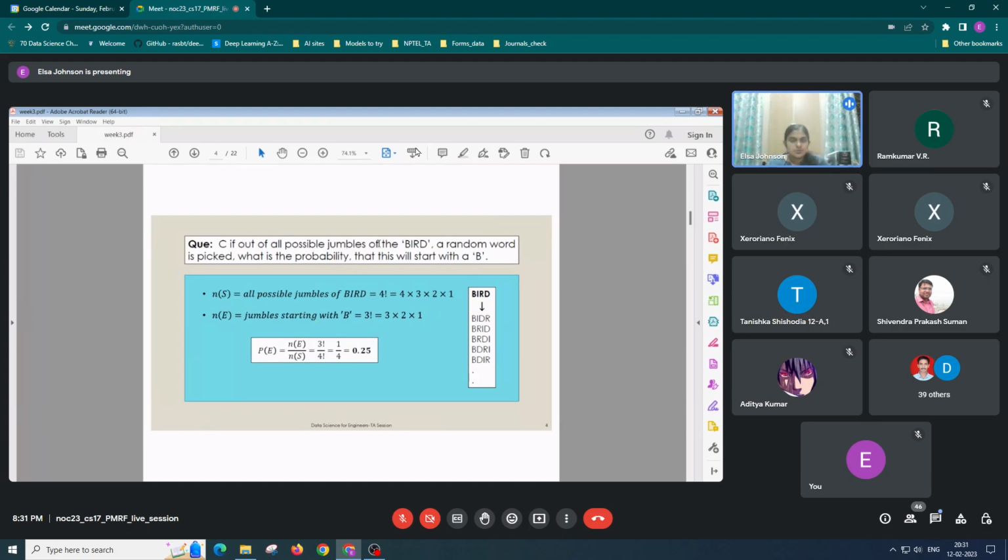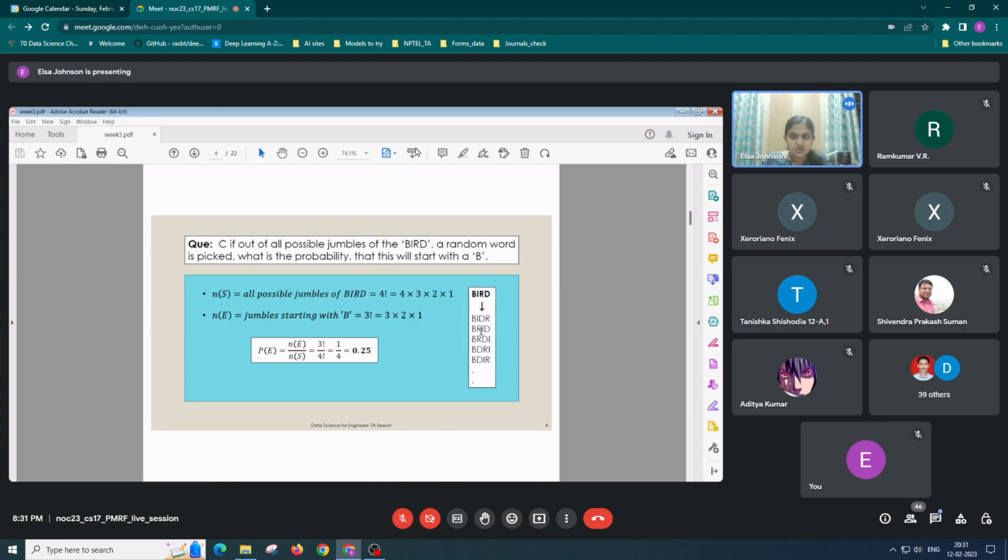Now out of all the possible jumbles of the word bird, you can see what's the probability that it will start with B. I think you all are familiar with this one. All possible jumbles of the word bird, there are no repetitions, so it will be 4 factorial, 4 into 3 into 2 into 1. And the number of events will be the ones starting with B. So you can see B like this it is starting.